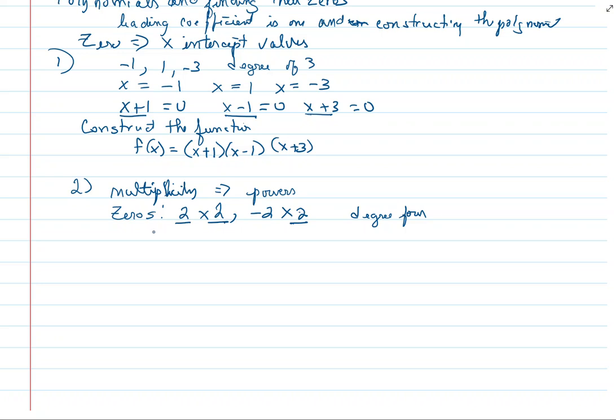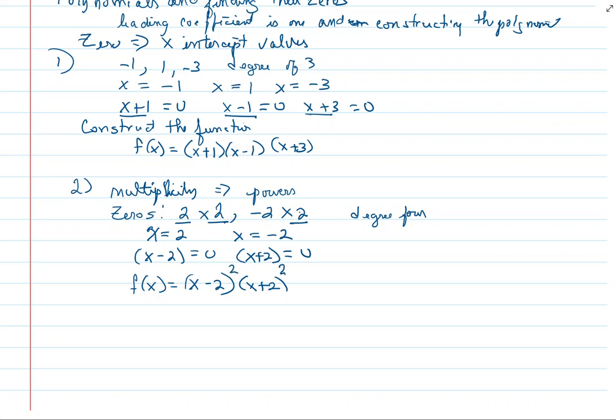So x equals 2, x equals -2. This means x minus 2 equals 0, because that would be the original portion, and x plus 2 equals 0. Now we're going to construct the function. F of x is equal to x minus 2 times x plus 2, with multiplicities of 2. Questions?